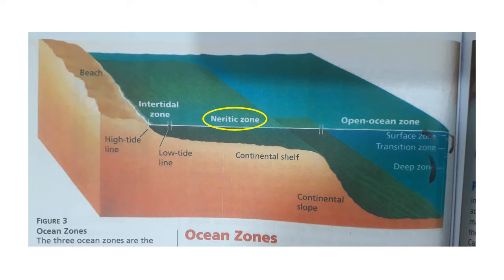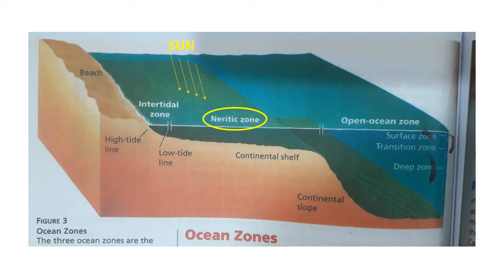The neritic zone is above the continental shelf, as you can see, between the low tide line of the intertidal zone and the open ocean zone. The neritic zone gets lots and lots of sunlight. The sun can get all the way down into the shallow parts of the neritic zone.